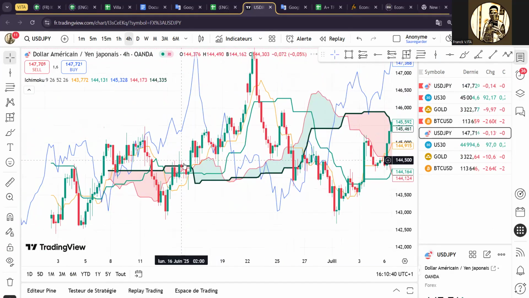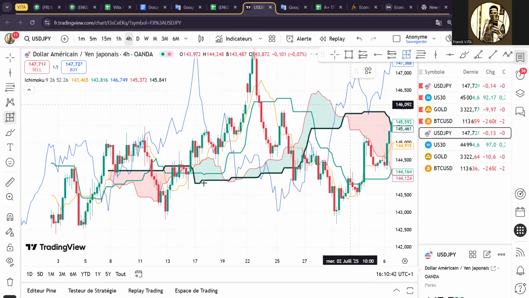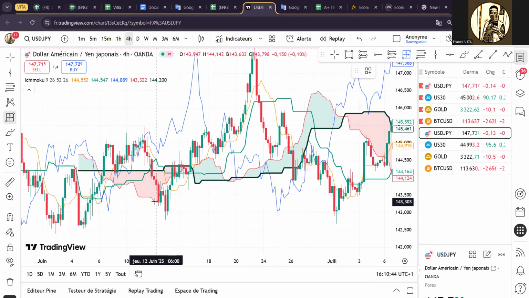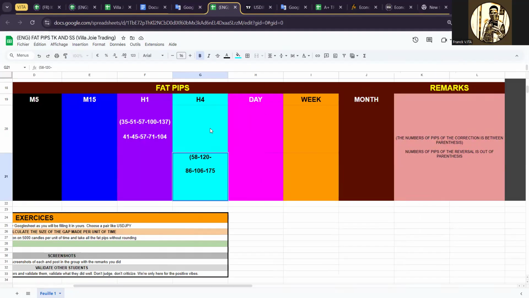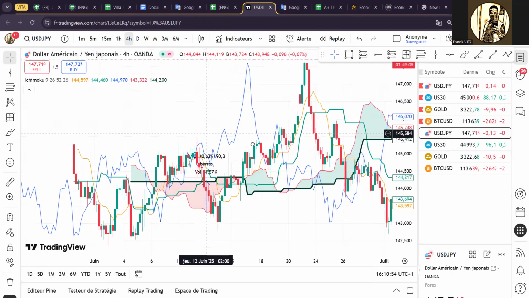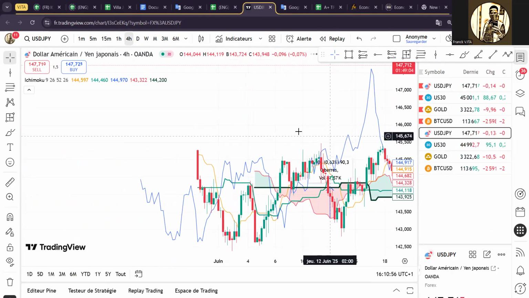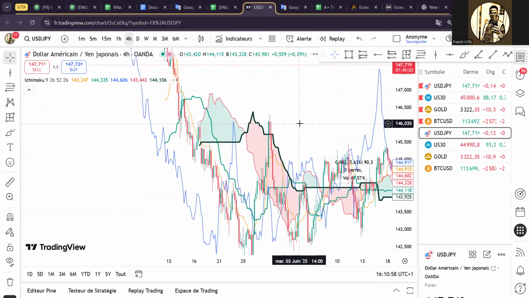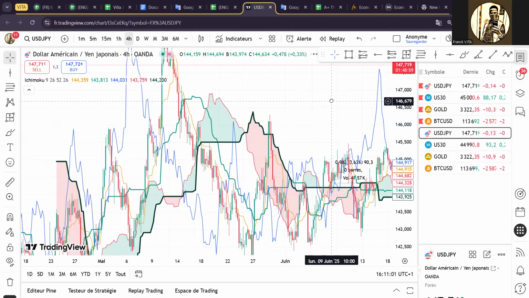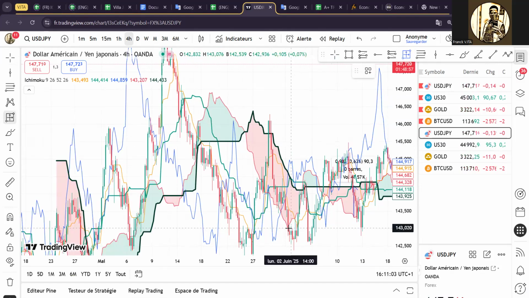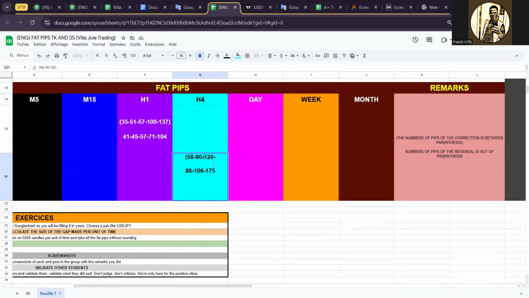Like this one, not this small one, but this one. 90 pips. Then what? 171.